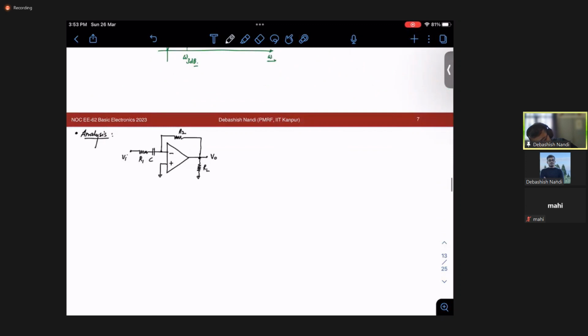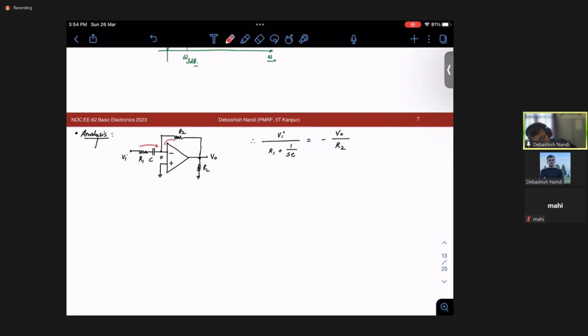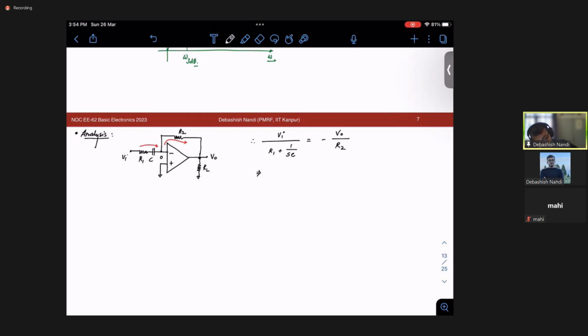So Vx is 0, so Vi over R1 plus 1 by SC is nothing but minus V naught by R2, right? I am applying KCL at this node. This I am equating to this current. So what am I having? This into SC over 1 plus SCR1 is minus V naught by R2, right?